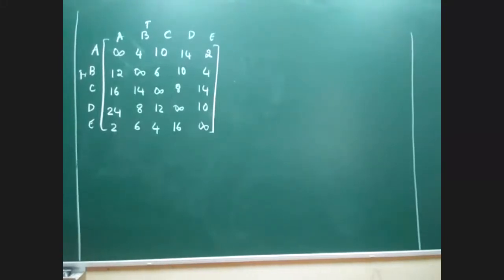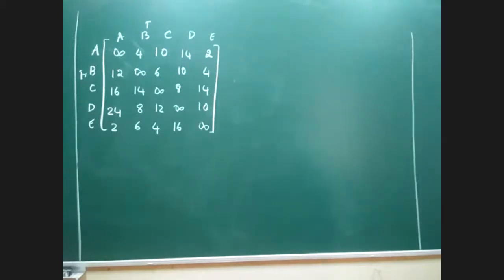Let me recall a little about matrices. If you go back to your high school classes, we all know that in any matrix there are basically 2 types of diagonal axis. One is called the principal diagonal axis and the other is called the secondary diagonal axis. The beauty of the traveling salesman problem is that the elements that appear on the principal diagonal axis will always be infinity.